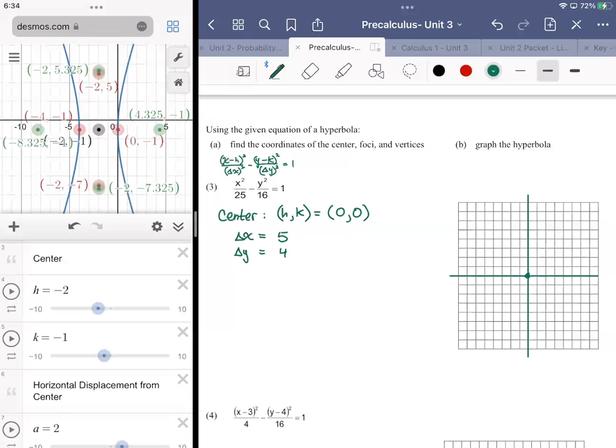If I'm going left 5 units, 1, 2, 3, 4, 5, that would put me here at (negative 5, 0). If I go right 5, it'll put me over here at (5, 0). I'm going up 4 and down 4, so (0, 4) and (0, negative 4).